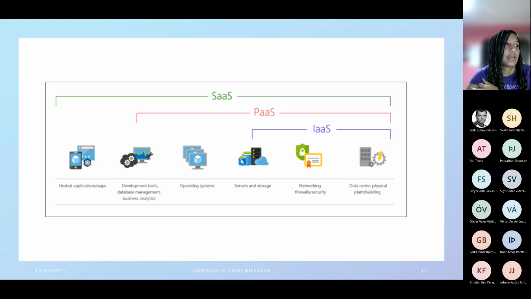We have platform as a service, which is a cloud service model that is a managed hosting environment. For me, it is the easiest to use and the most useful as a developer, because I'm not really into infrastructure kinds of things.